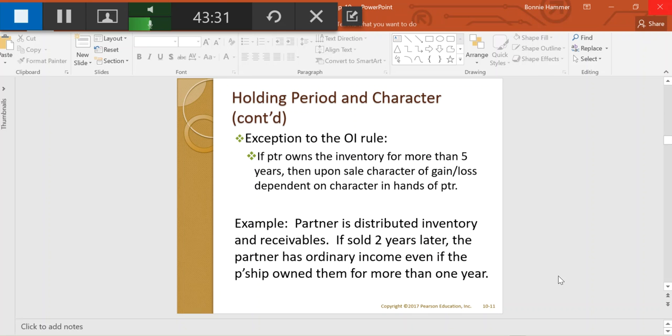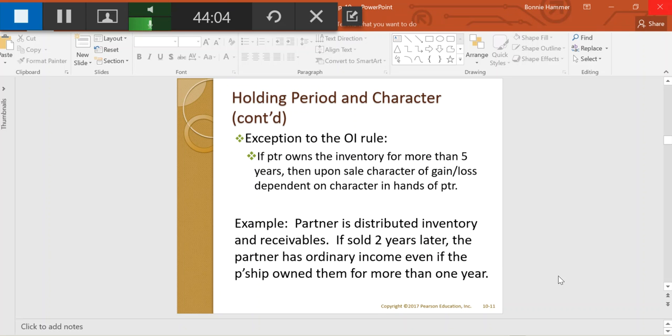if you take an instance where the distributing partnership distributes land to the partner, and the partnership is in the business of buying land and holding it, they have an inventory of land that they hold and then sell to people. That actually is not a capital asset to that partnership. It's an ordinary income asset to the partnership, and that land is considered inventory.